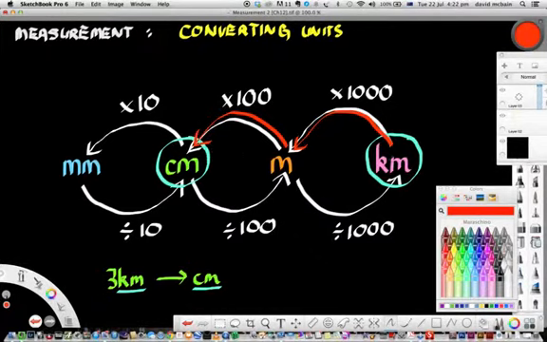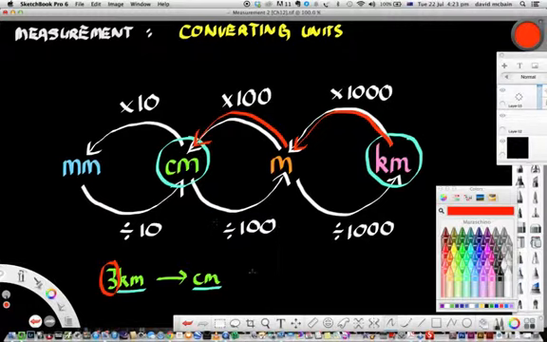That means to convert from kilometers to centimeters, I've got to jump from kilometers to meters first, and then from meters to centimeters. So we have to take our number 3 kilometers and times it by 1,000 first, and then times it by 100.